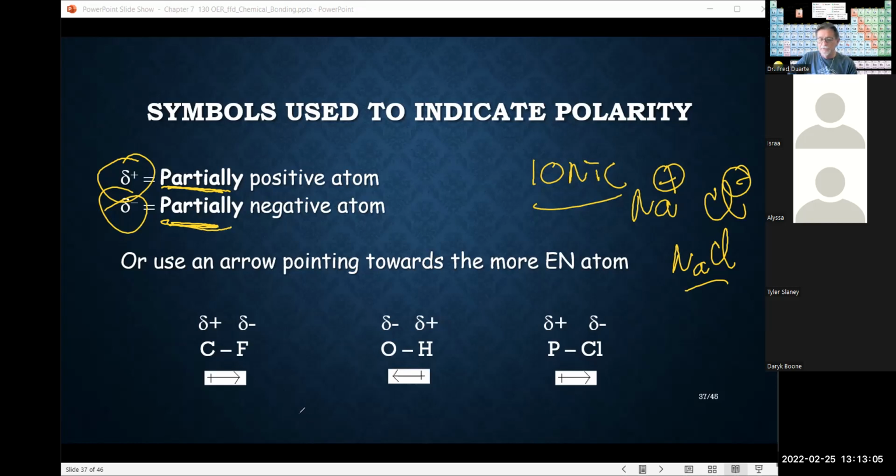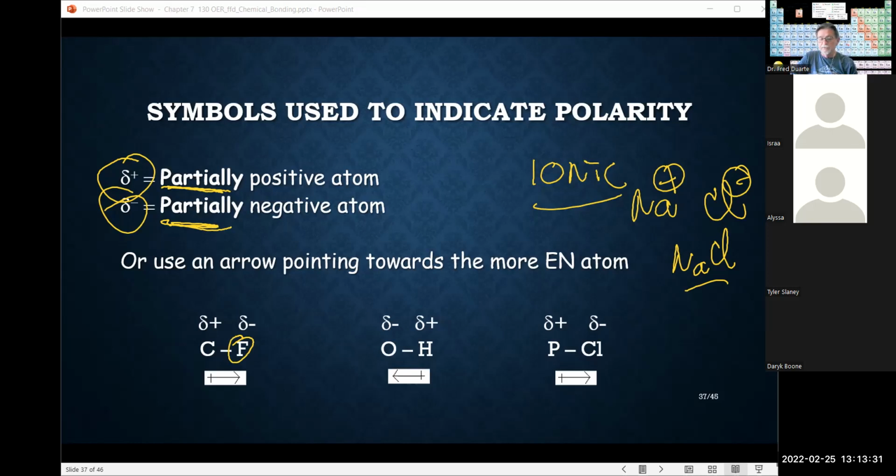Okay, so how do we determine which direction the arrow goes? That is determined by electronegativity. If you look at the carbon-fluorine bond, that should be a no-brainer. Why? Because fluorine is the most electronegative element. Automatically, it's going to pull all the electrons onto itself, regardless of what it's bonded to, other than another fluorine, obviously, and then it becomes nonpolar.